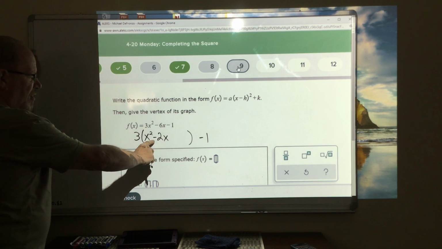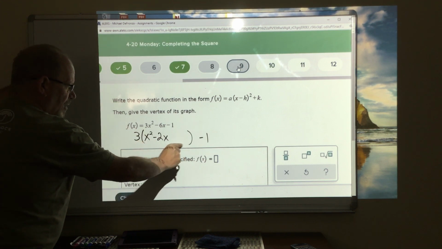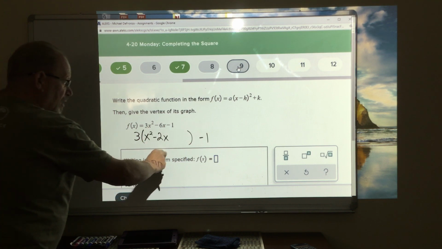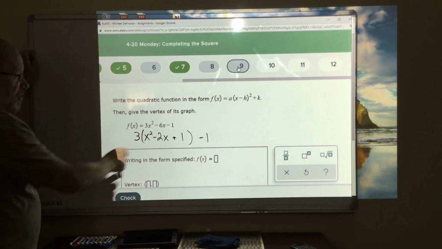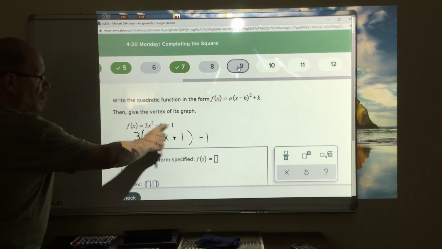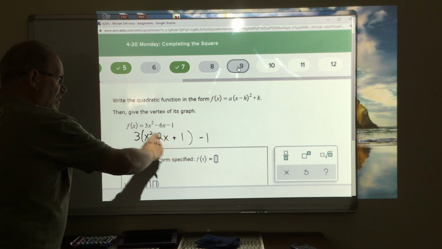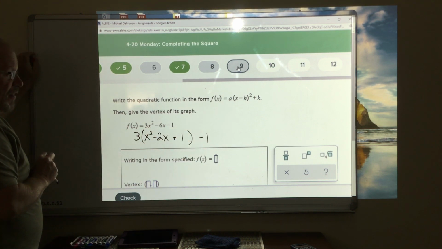Now I'm looking to complete the square of this inside piece. So half of this, -1, squared, plus 1. So I'm adding 1 here. Now I can't change this from what it was. So whatever I did on the inside of these parentheses, I'm going to undo on the outside of them.